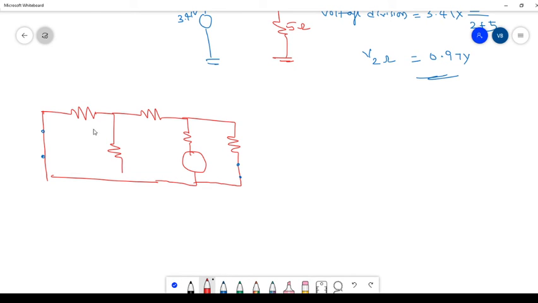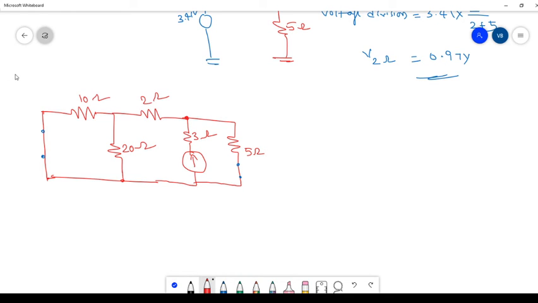Just mention the values. That is 10 ohms and this is 20 ohms, and this is 2 ohms, this is 3 ohms and this is 5 ohms. So we need to calculate the voltage across the 2 ohms resistor.